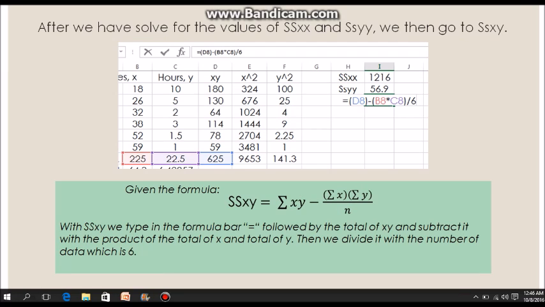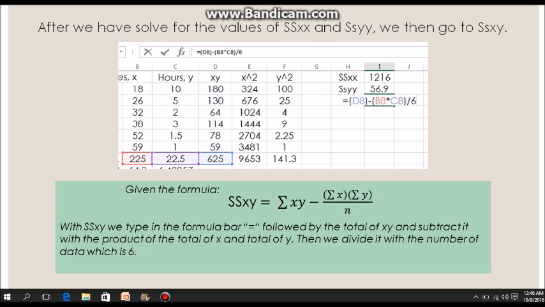After we have solved for the values of SSXX and SSYY, we then go to SSXY. Given the formula, SSXY equals the summation of xy minus the summation of x times the summation of y over n.